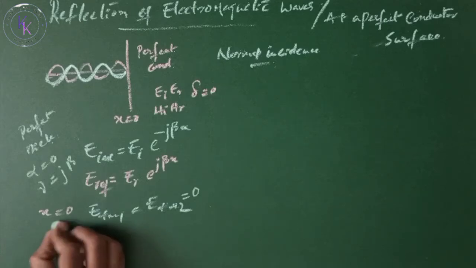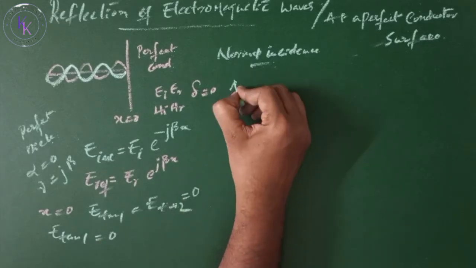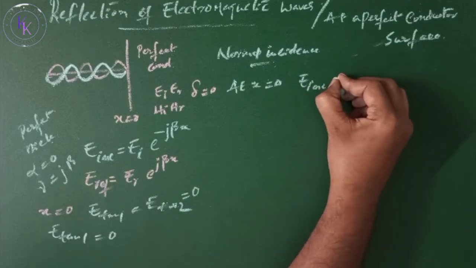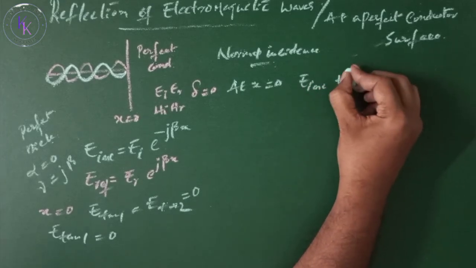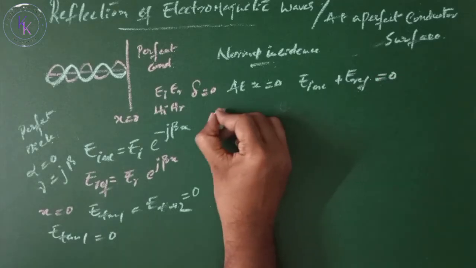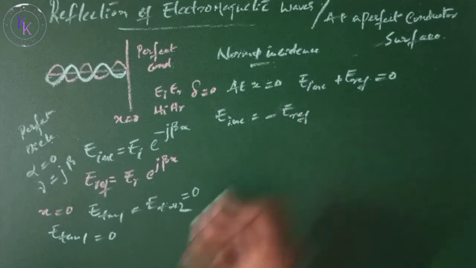Therefore, E tan 1 equals 0. At x equals 0, E incident plus E reflected equals 0, which means E incident equals minus E reflected.